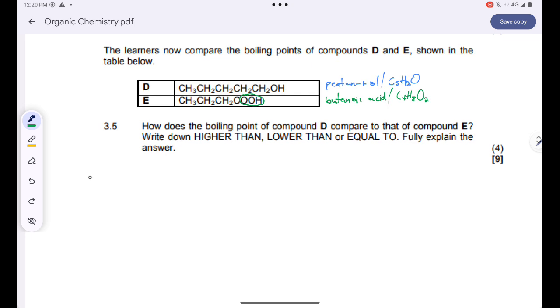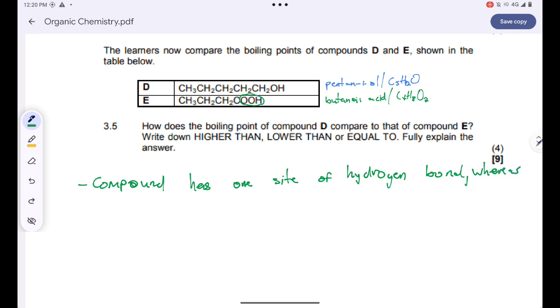However, compound D, which is an alcohol, only has one side of hydrogen bonding, whereas compound E has 2 sides of hydrogen bonding.